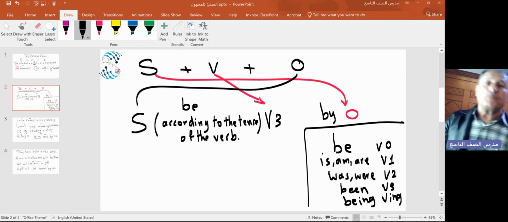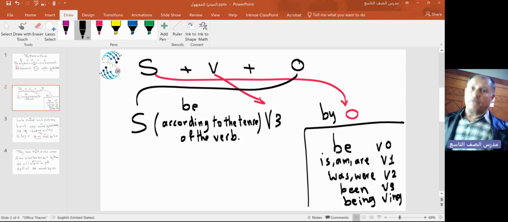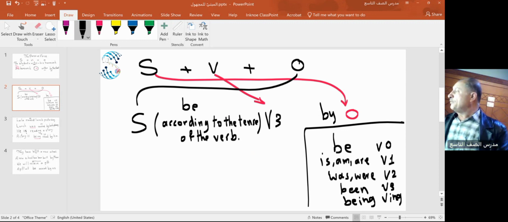So the forms of the verb be are: when the verb is verb 0, we put instead of it the verb be. If the verb is verb 1, we replace it with is or am or are, according to the subject, of course. If the verb is verb 2, we put instead of it was or were.